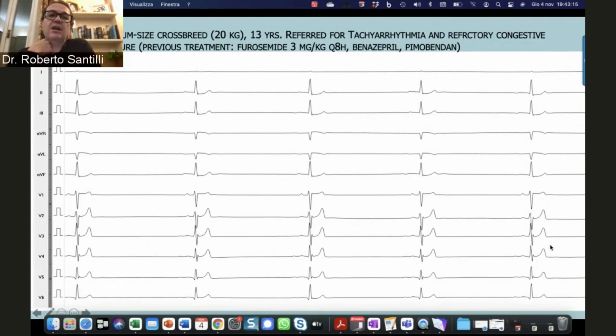But we started back both drugs, with a lot of advice to the owner to be sure not to overdose the diltiazem again, although it wasn't convincing that he did. But we started back and we could control the AFib long term.